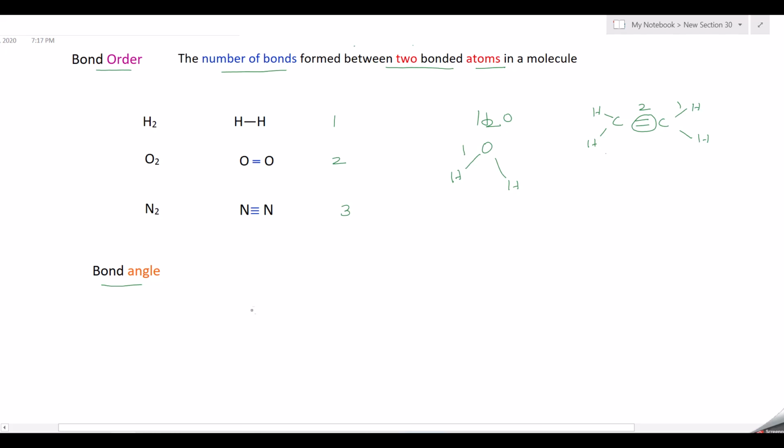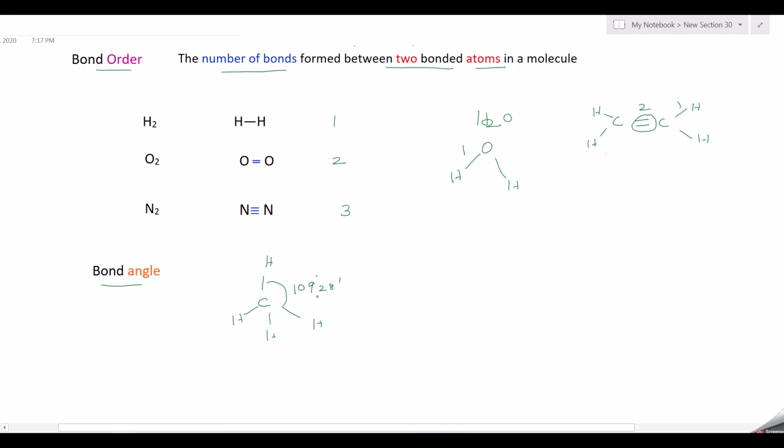For example, you take methane. So in methane you have hydrogen like this. And here the angle between these two covalent bonds, the two C-H bonds, the bond angle is 109 degree 28 minutes. Similarly between these two bonds, 109 degree 28 minutes.